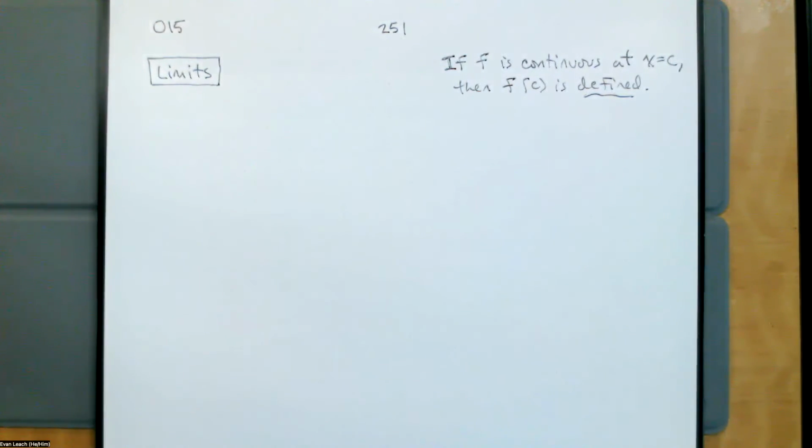Here's a fact that we have in evidence: if f is continuous at x equals c, then f of c is defined. We have to have some value.